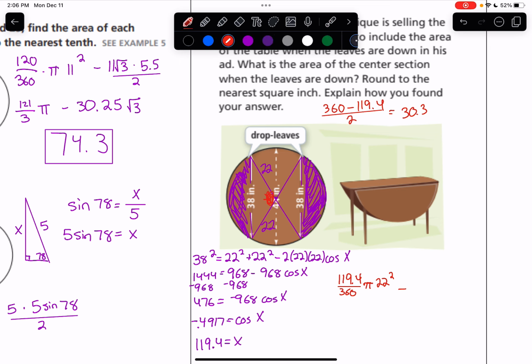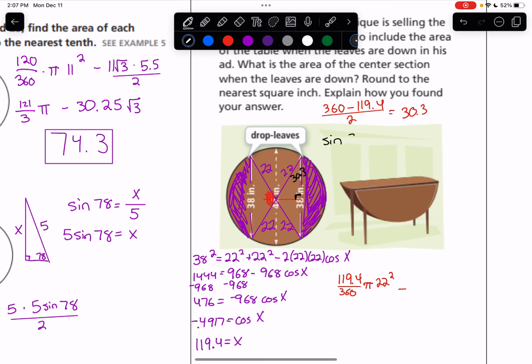So if I'm trying to find the height of this triangle, and I know that each of these side lengths are 22 units, and I know that the angle measure here is 30.3, then I can use the sine ratio, right? If I made a right angle here, I can use the sine ratio to find the length of the opposite side. I can say that the sine of 30.3 is equal to opposite over hypotenuse. That's what I'm going to do.